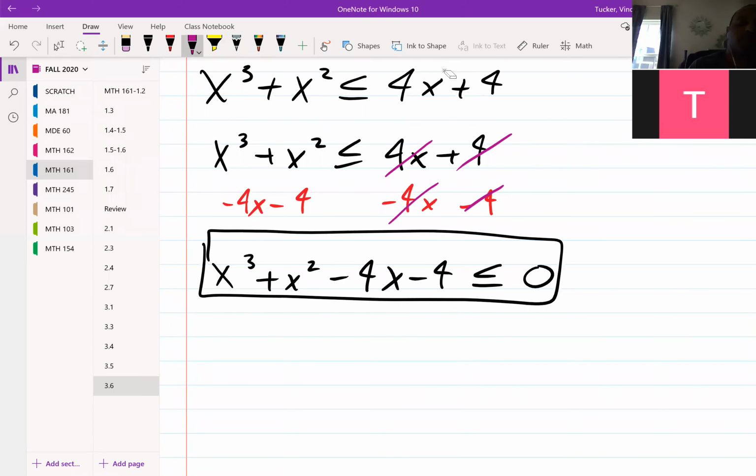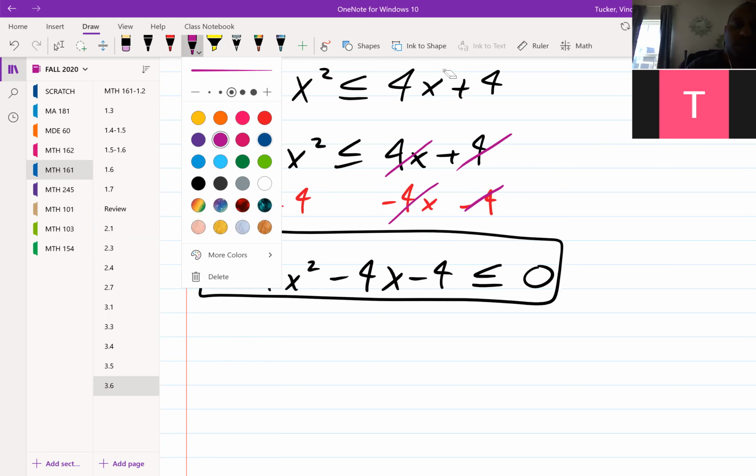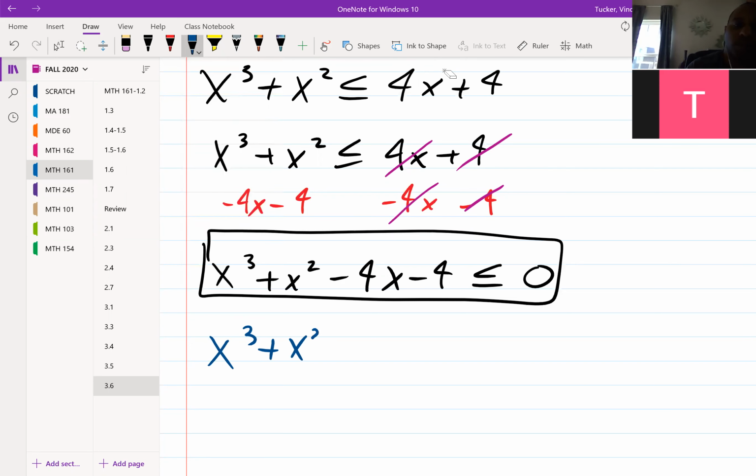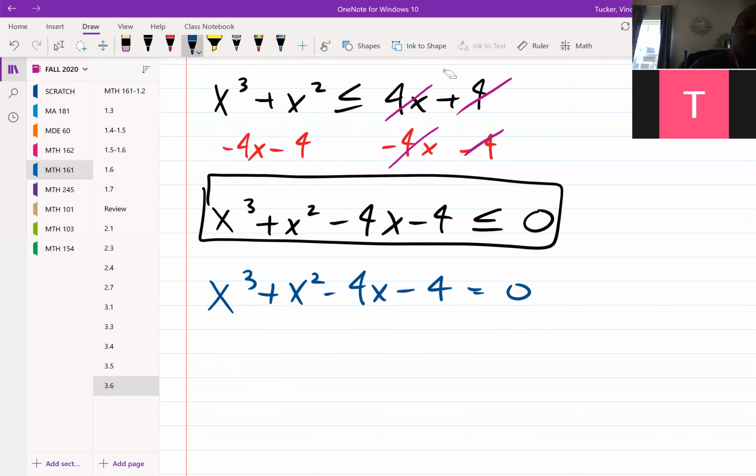So just like before, solve it, set equal to 0. Since we have 4 terms, we can use grouping. Don't forget to include that negative with the 4x.